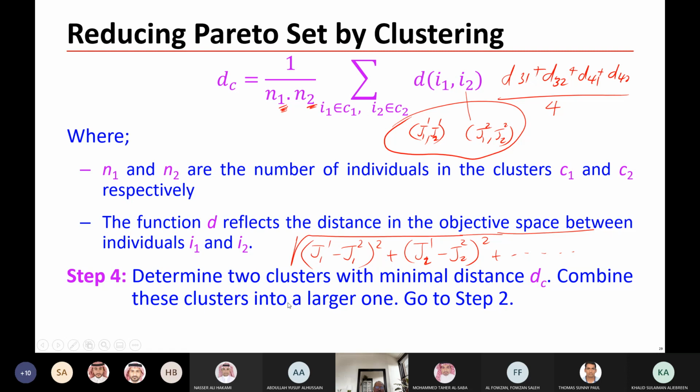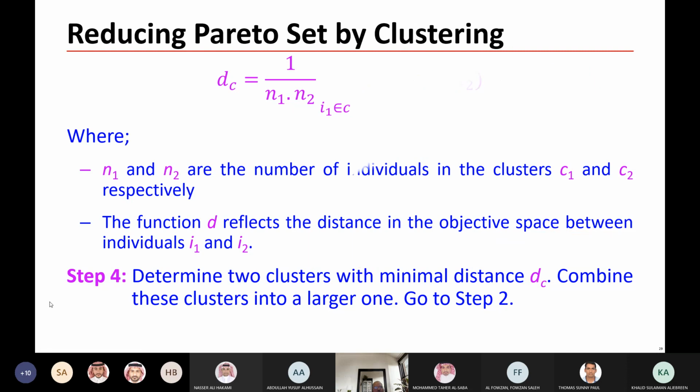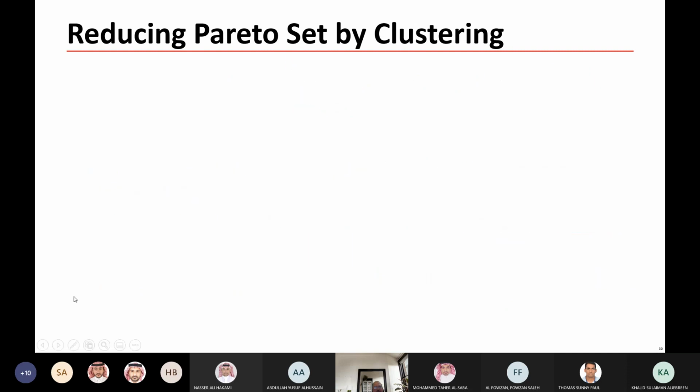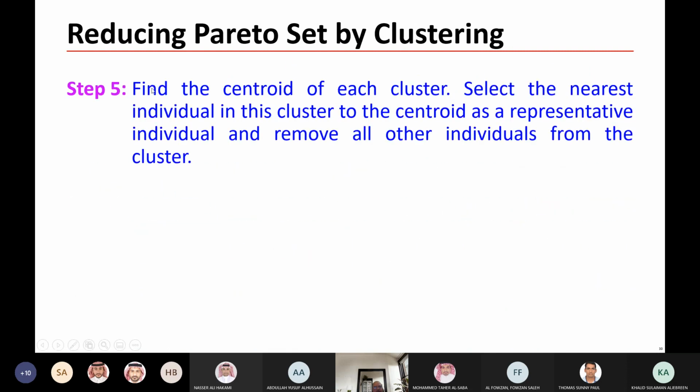Repeat until you end up with the number of clusters equal to the maximum size that you need.